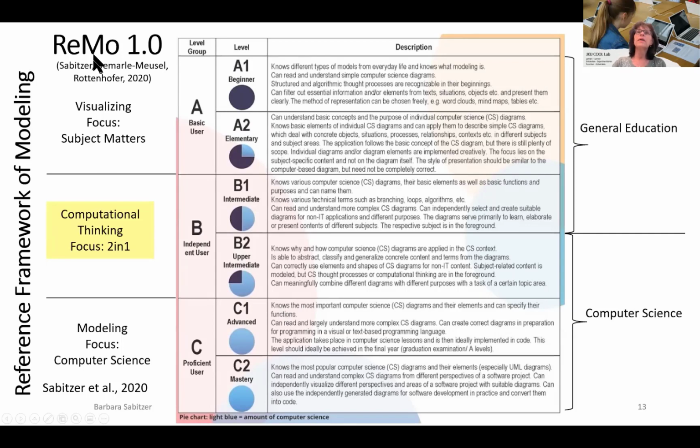Here you can see that we really go from simple visualizing strategies, from mind maps on over computational thinking, to modeling in the sense of preparing programming in computer science. So really from visualizing in general education to modeling in computer science.